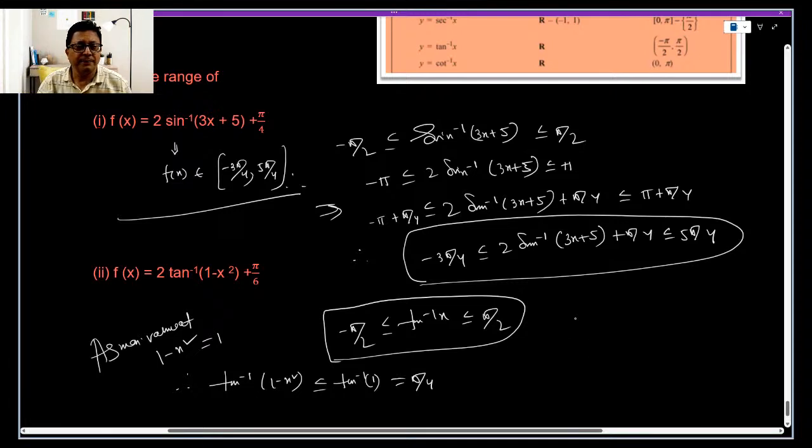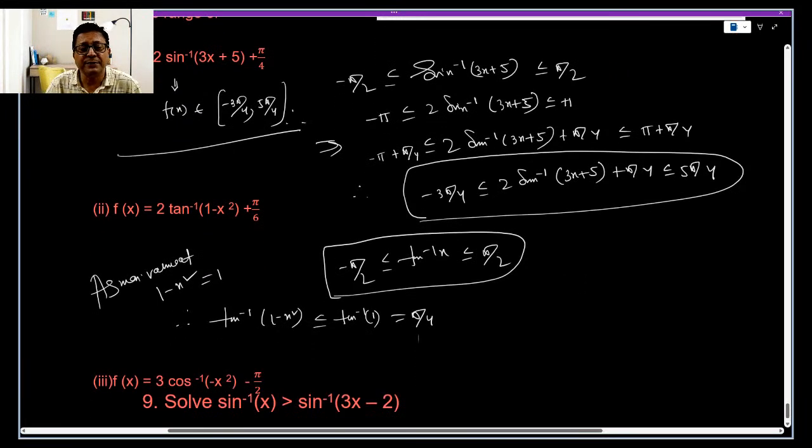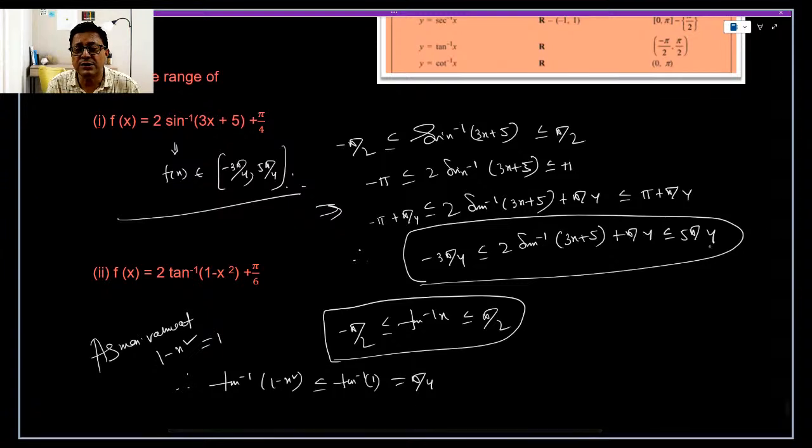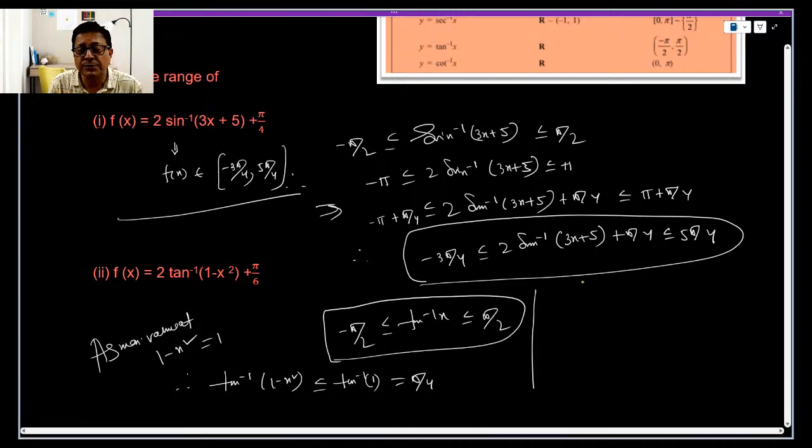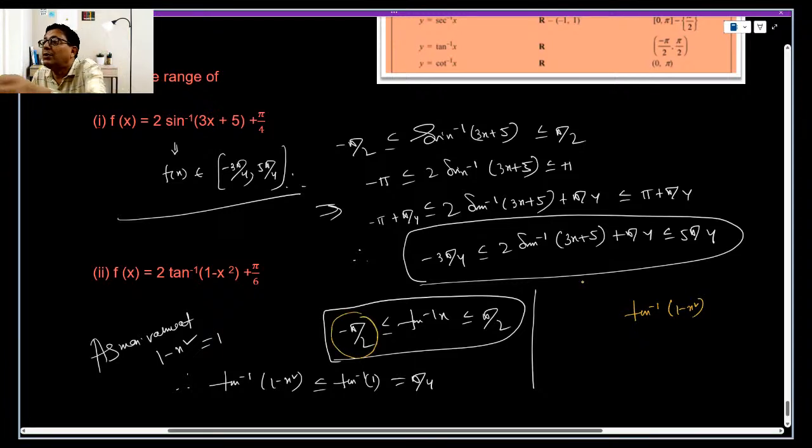No problem. Now let us proceed by writing tan inverse of 1 minus x square. Now we have to do the calculation. Again the minimum value. The minimum value of tan inverse x is minus pi by 2. Tan inverse of 1 minus x square also has a minimum value of minus pi by 2. There is no problem in it.